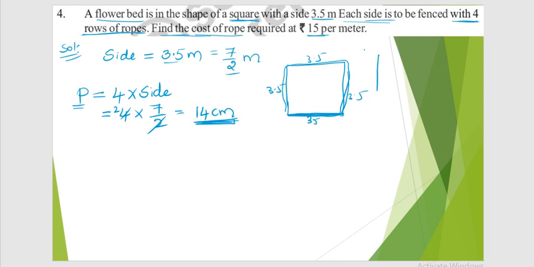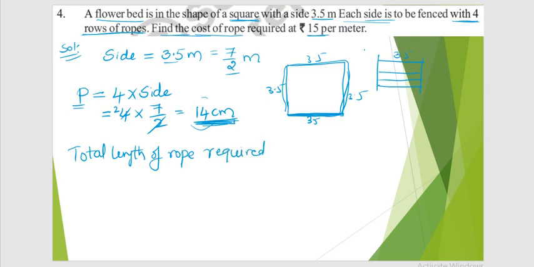If you see the frontal view, if I use only one rope, then this is 3.5 meters, and likewise on the 4 sides it gives me 14 meters. But what do I require? I require 4 rows of such ropes. That means I need to make it 4 times. That means, what I can say, total length of rope required.